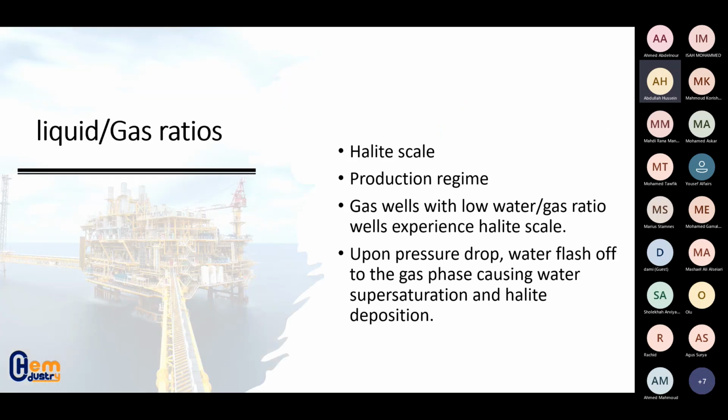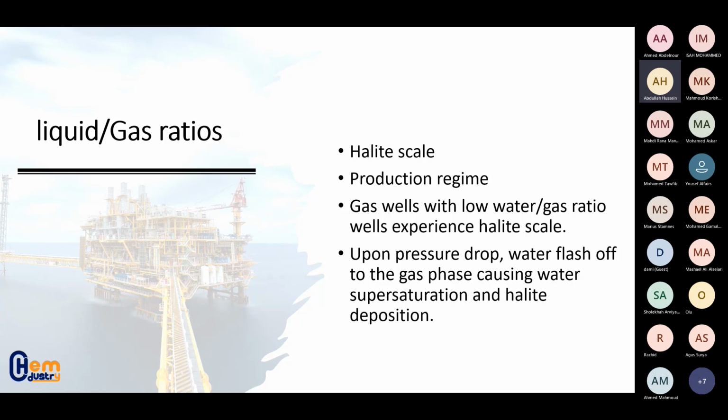Moving to the next factor, the liquid gas ratios. This one basically can affect some types of scale, especially the halide scale. So whenever we're dealing with low water to gas ratio, especially in the gas systems, there's high possibility of halide scale formation.